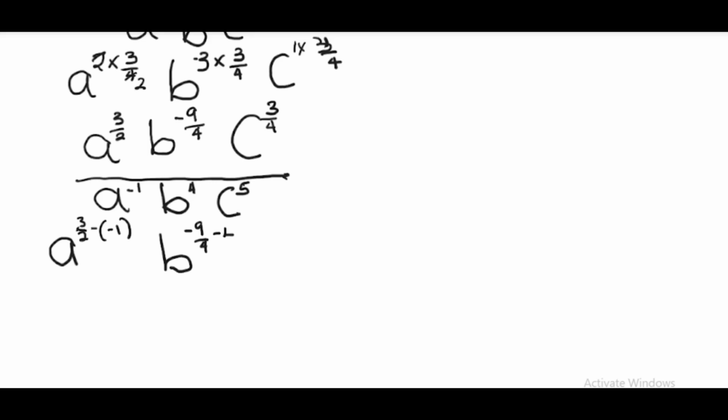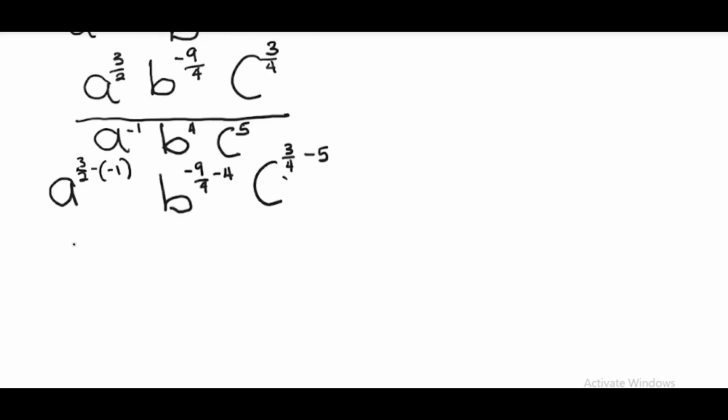And then we'll have c raised to the power of 3 over 4 minus 5. Okay, simplifying further, minus times minus gives us plus. So we have a raised to the power of 3 over 2 plus 1.